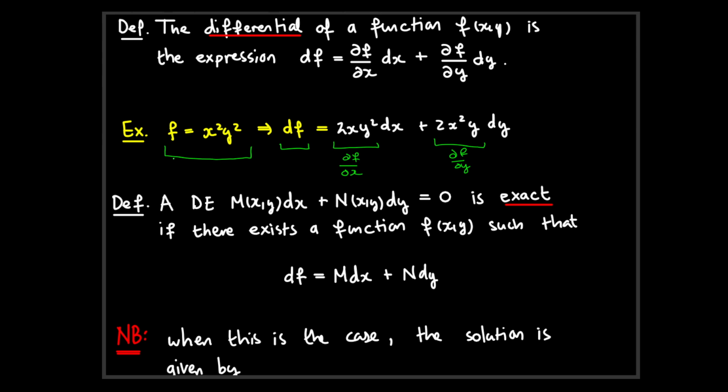Okay, so now we can get to the main concept, which is that of an exact differential equation. If we are given any equation of this kind, a two-variable function M(x,y) times dx plus a two-variable function N(x,y) times dy, all of that equal to 0, this again can be interpreted as a differential equation.